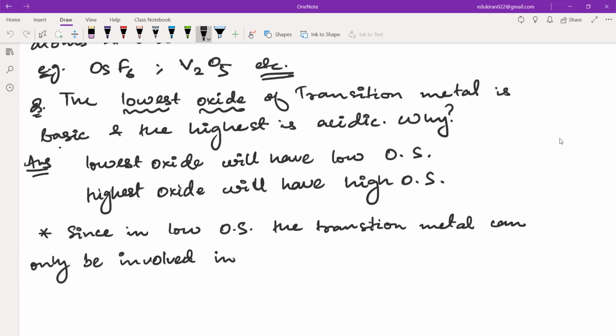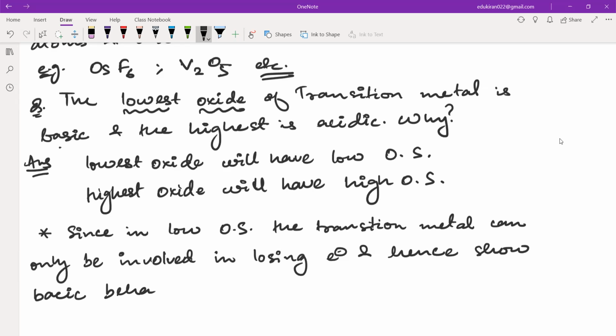Losing electrons, right? Because it is in low oxidation, involved in losing electrons, and hence shows basic behavior.